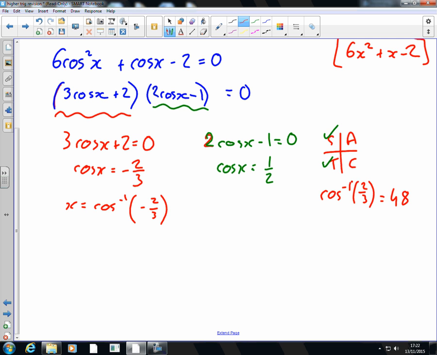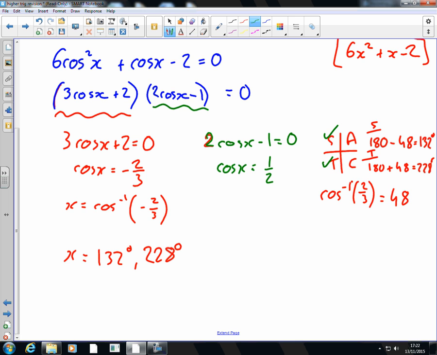So my two solutions for that one, in the sine quadrant, it's 180 minus 48, which is equal to 132 degrees, and in the tan quadrant is 180 plus 48, so 228 degrees. So my solutions from here are x equals 132 degrees and 228 degrees.